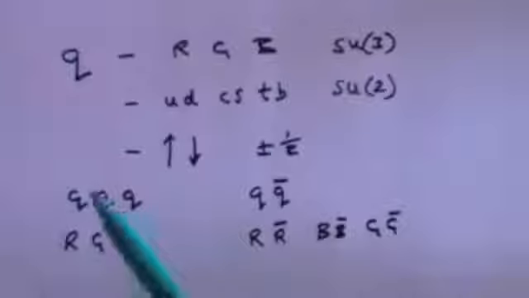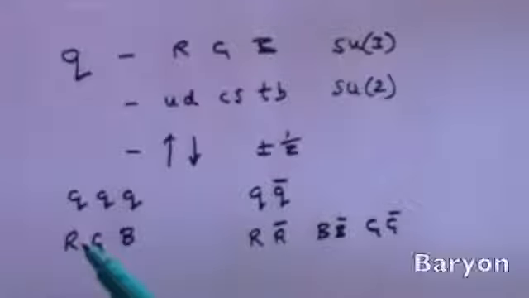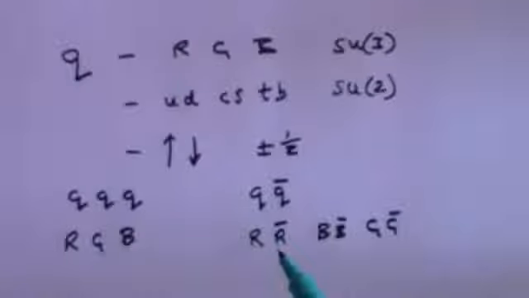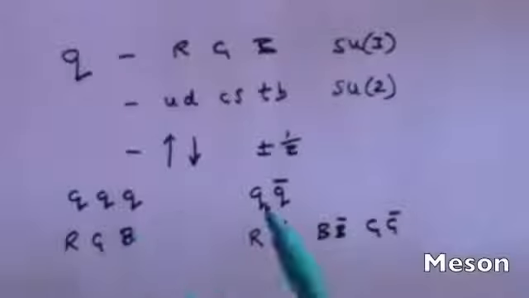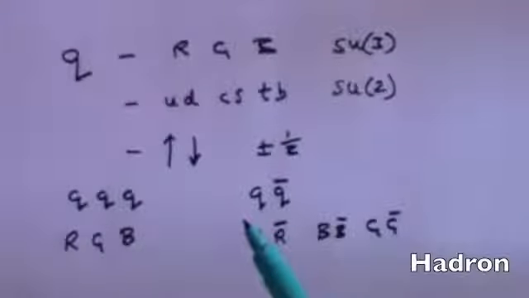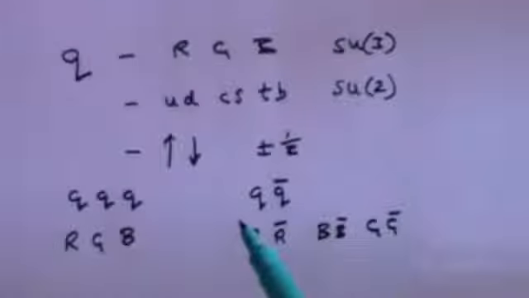A combination of three quarks is called a baryon. A combination of two quarks is called a meson. And baryons and mesons together form hadrons, and hadrons are fermions. We'll see this a little more clearly in just a moment.